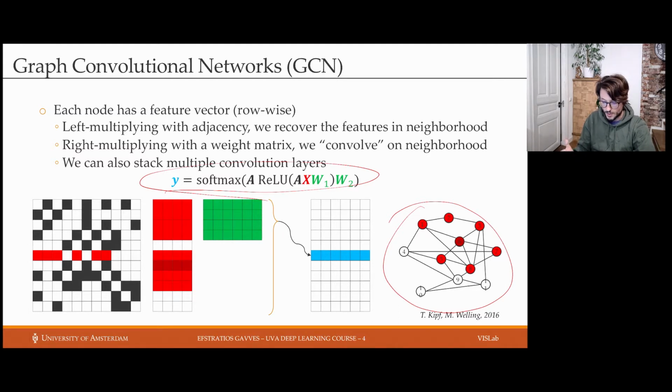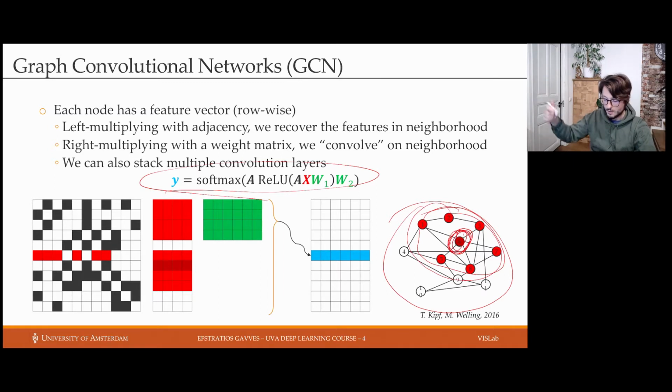What is also quite interesting to note here is that we still have the notion of the effective receptive field, right? So node 6 affects all nodes in the neighborhood, or conversely, all the nodes in the neighborhood affect the feature of number 6.